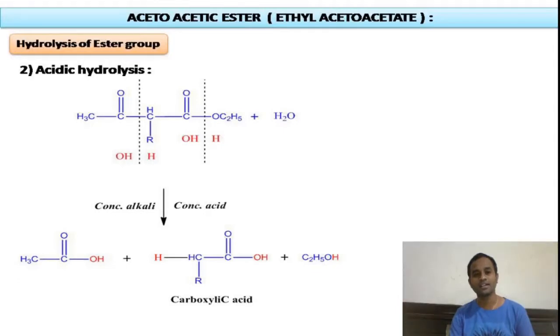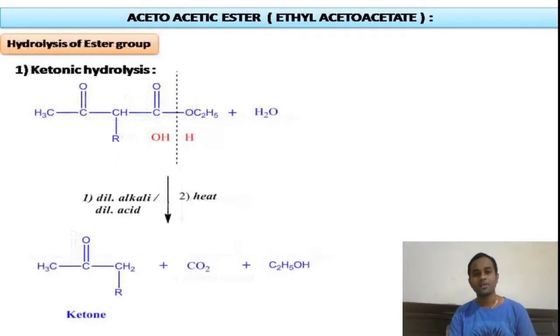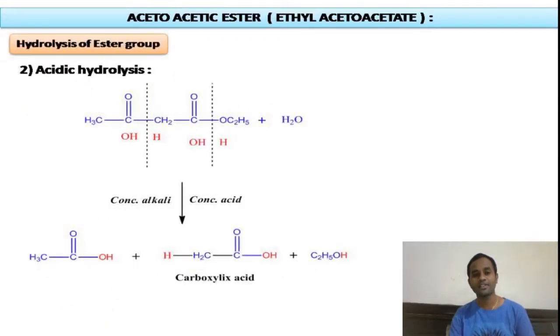Therefore it is called acidic hydrolysis, right? So in this way, these are the two types of hydrolysis. One is ketonic hydrolysis. It takes place in dilute condition to give ketone as the main product. Therefore it is called ketonic hydrolysis. Whereas acidic hydrolysis takes place in presence of a concentrated condition. In this hydrolysis we will get carboxylic acid as the main product, right?